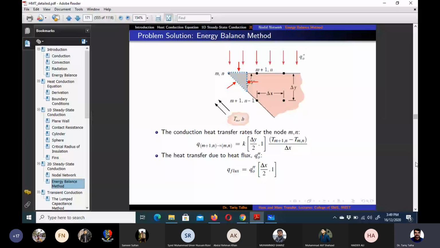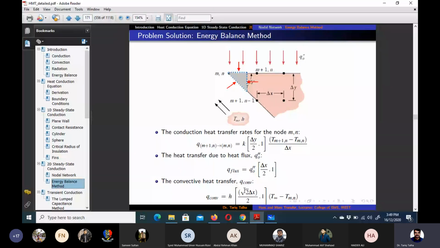Now for the convection heat transfer, we all know that we can use Newton's law of cooling. In this case, because heat is going in, it is the other way around, so T infinity minus Tmn, and then the area for calculation is this diagonal length, from here to here.